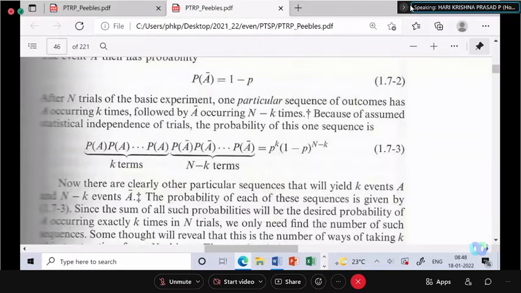Because event A is happening k times, the probability of occurrence of event is P of A. Remaining n minus k times A complement is happening. So the remaining n minus k terms are indicated by P of A complement. What is the probability of occurrence of event A? Small p.